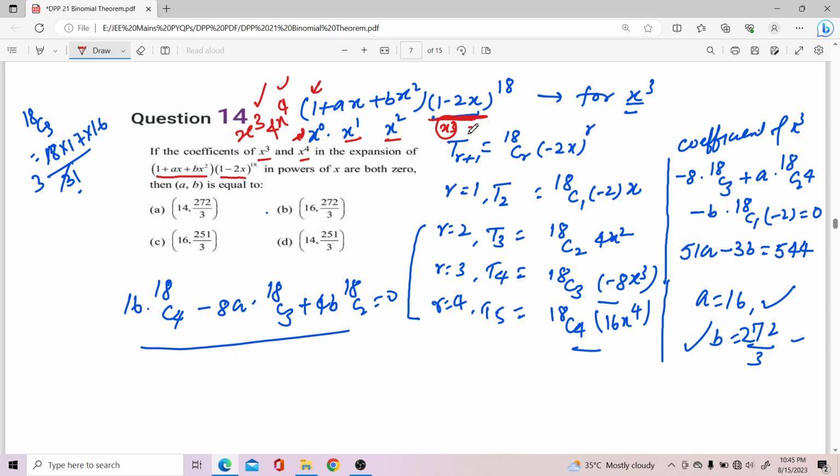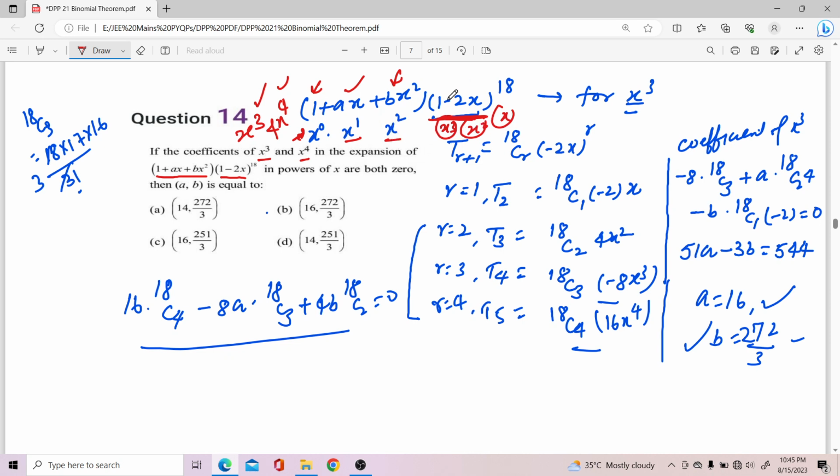If we multiply x square from this with that, again we get x raised to 3. If we multiply x with this one, we get x raised to 3 again.